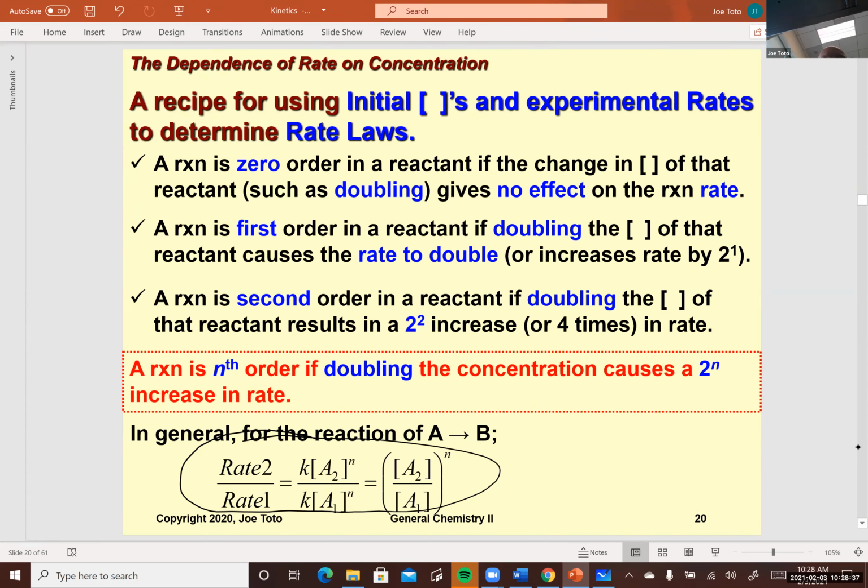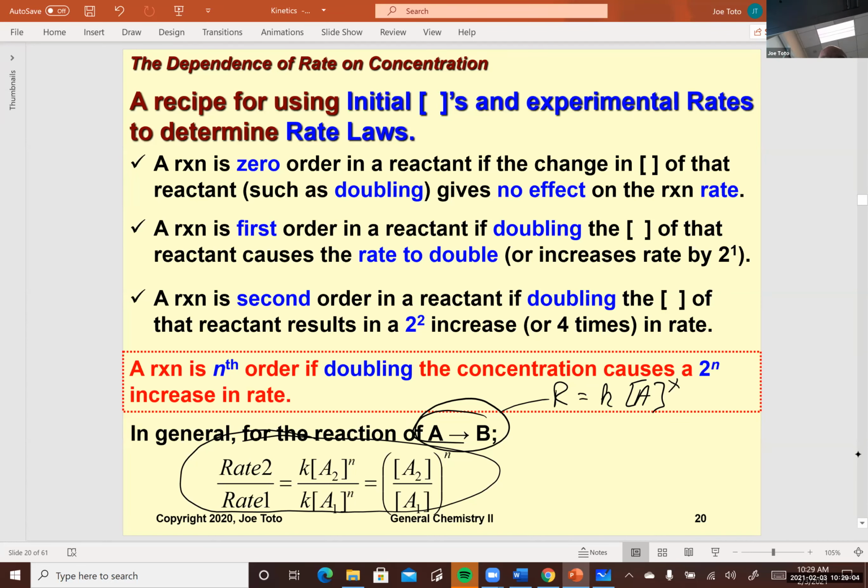And that's what this slide talks about. You can just use a ratio of the rate equations. So what this says is, say you have some simple reaction, one reactant. As soon as I see that, I see the form of the rate law is going to be something like this, A to the x. I don't know anything else. That's the form.